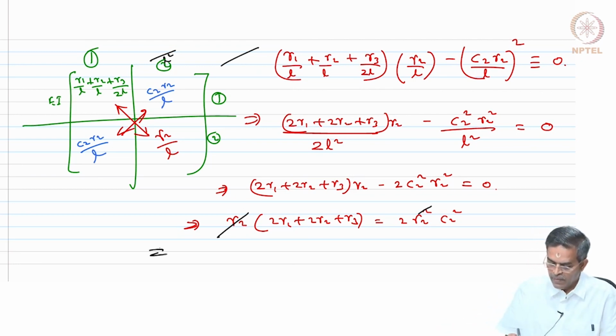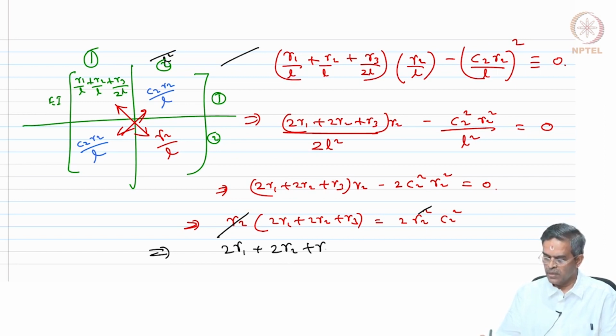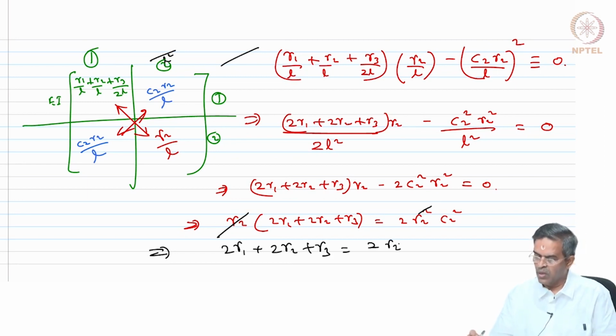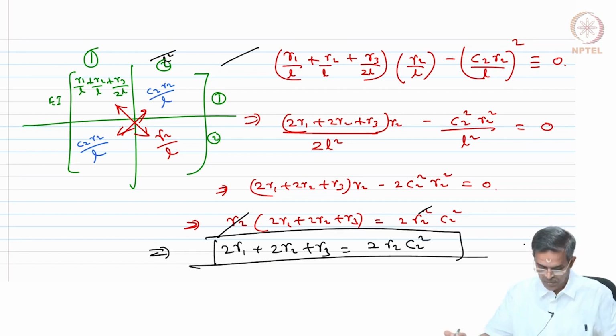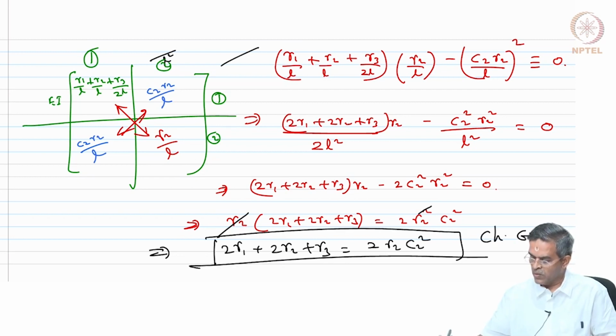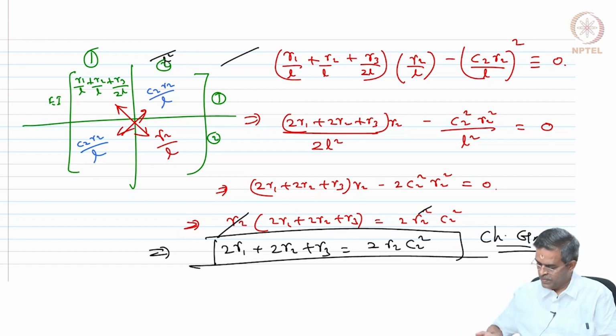We can say 2R1 plus 2R2 plus R3 is equal to 2R2 C2 square. So that is my characteristic equation, the control equation to develop this.